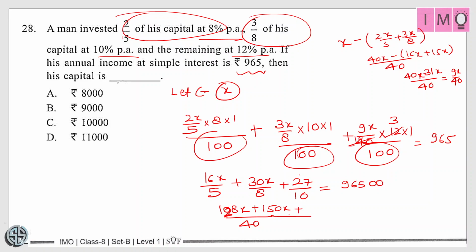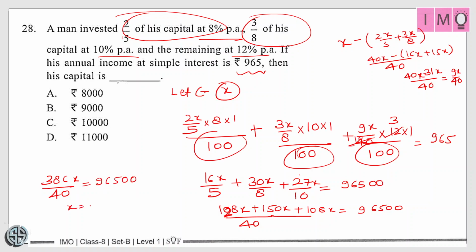This will become 10 4s are 40, and 27 4s are 108x. It will be equal to 96500. Now when you add all these, you will find the sum as 386x. Okay, 386x upon 40 will be equal to 96500.